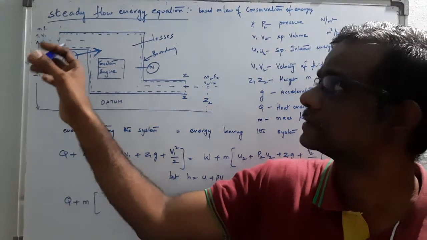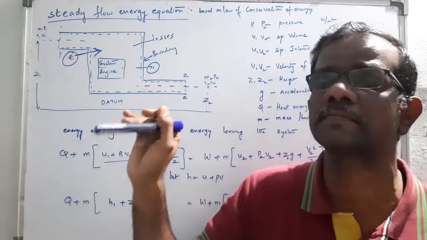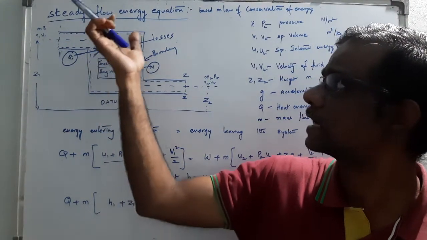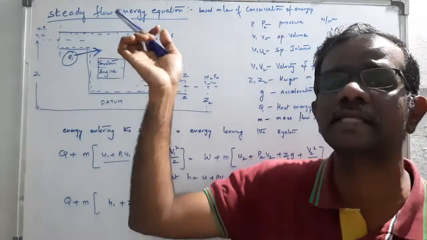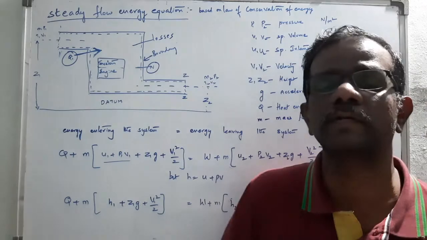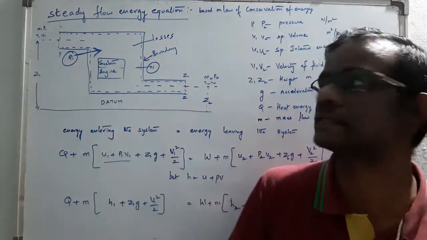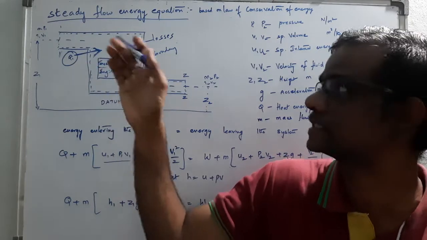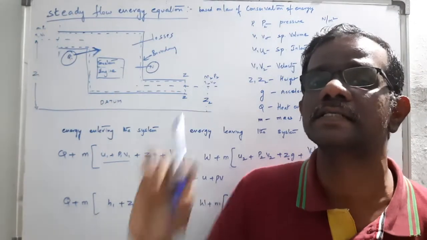where we look at the basic assumptions in deriving the steady flow energy equation. This steady flow energy equation is applied only for open process, in which steady flow and unsteady flow processes exist. Why are we specifically concerned about steady flow process?